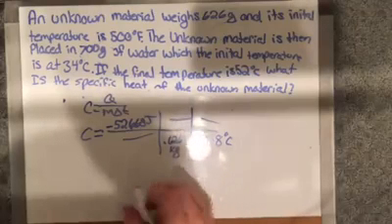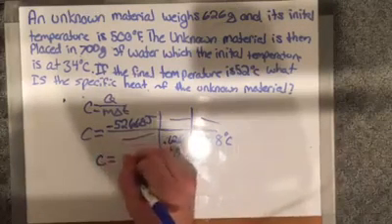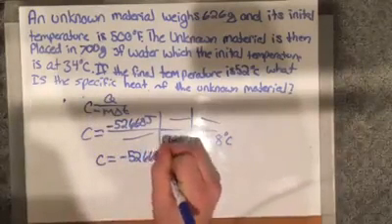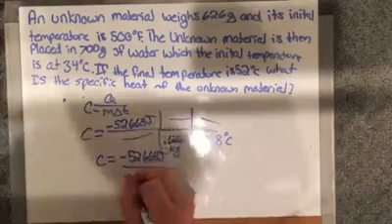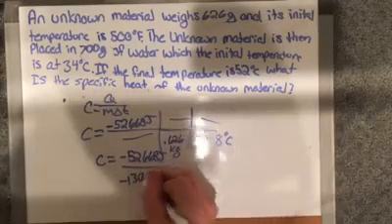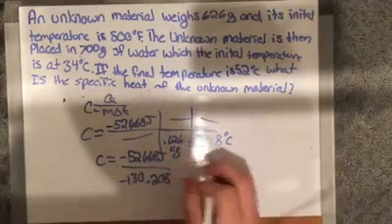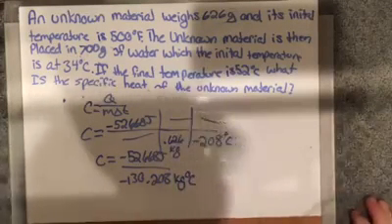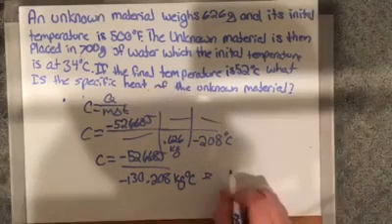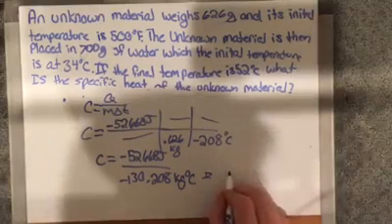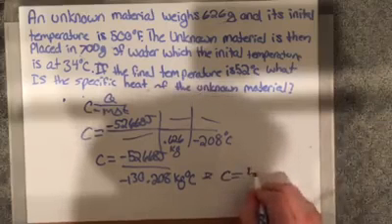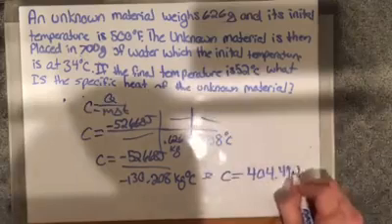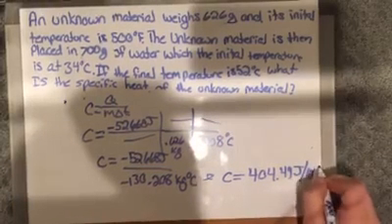Simplified, what we should have is C equals negative 52,668 joules over negative 130.208 kilograms degrees Celsius. Solved, we will have our answer for the specific heat, which is C equals 404.49 joules per kilogram degrees Celsius.